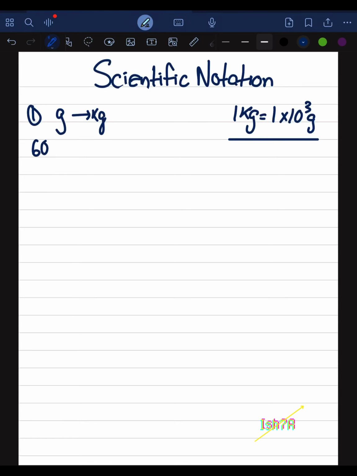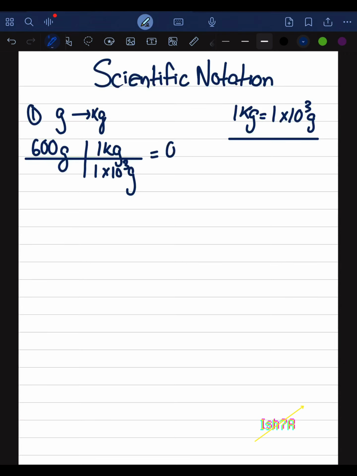So if we have 600 grams to kilograms, we are going to divide it. For each kilogram, there's 1 times 10 to the power of 3 grams. That is going to be equal to 0.6 kilograms, or 6 times 10 to the power of -1.